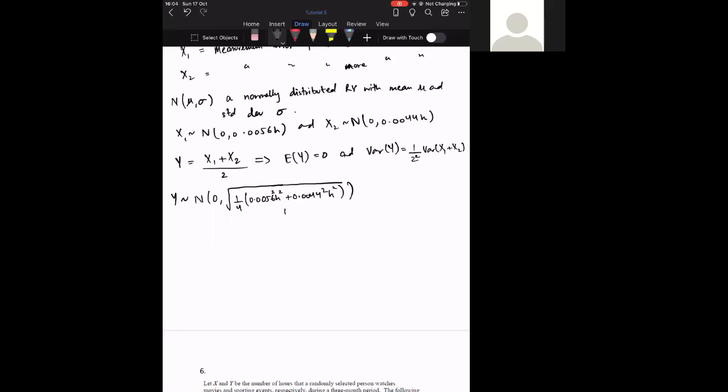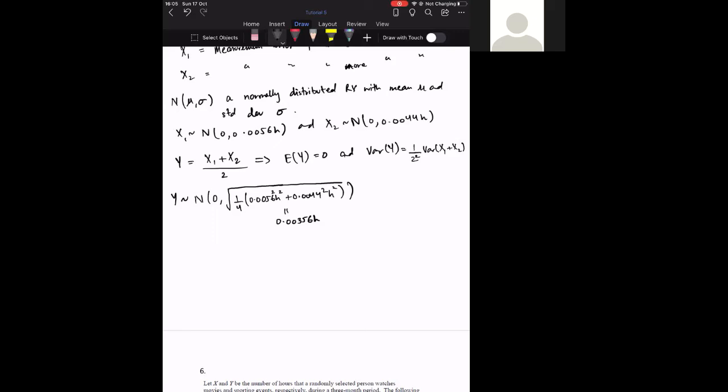And this just becomes 0.00356h. If you get rid of the square root and solve the brackets, etc., you get 0.00356h.